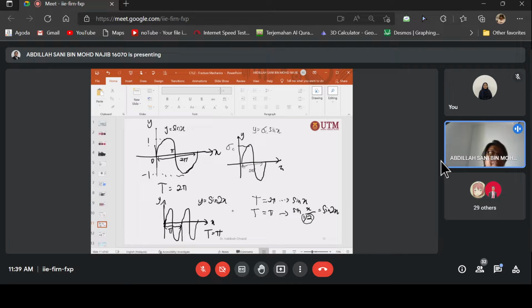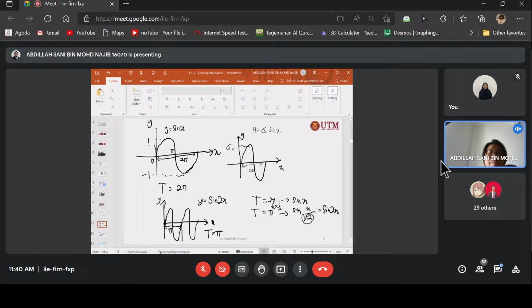What if, from here to here, what do we do? We multiply with half. So the domain, what do we do to the domain? We divide with the half.